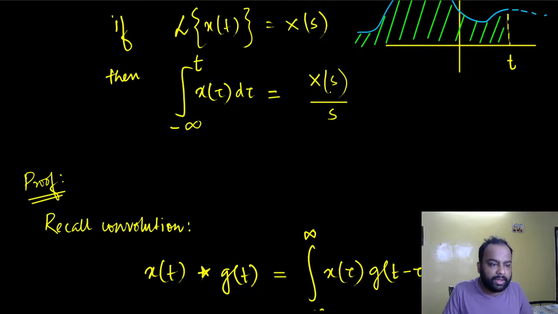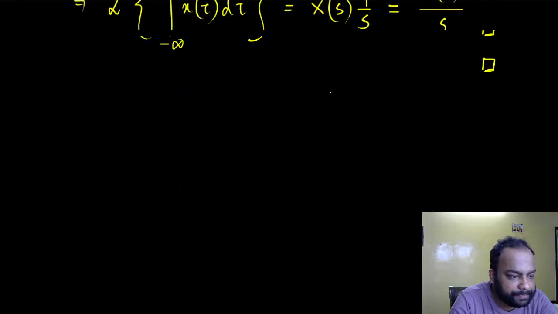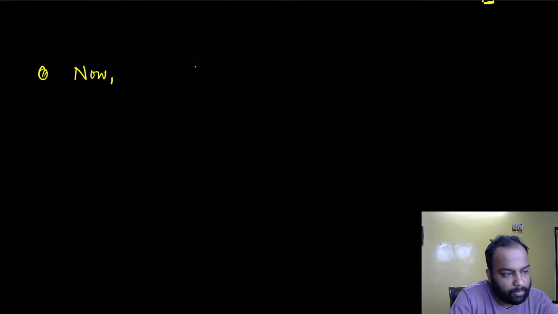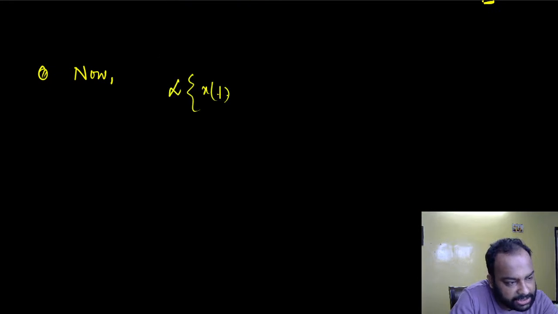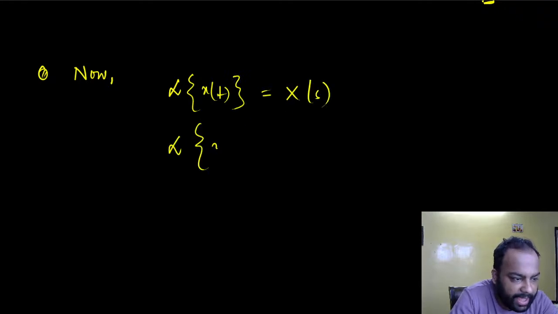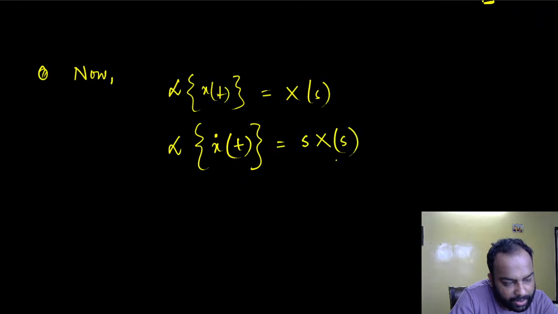Now look, recall that the Laplace transform of x(t) was just X(s). Now if we differentiated x(t) and took a Laplace transform on it, that was just s times X(s).